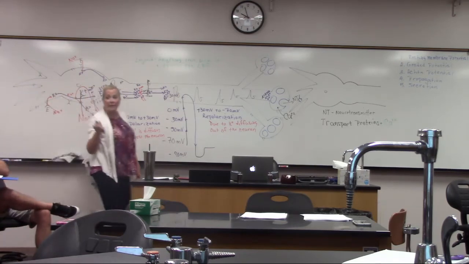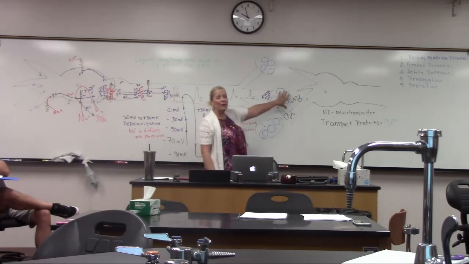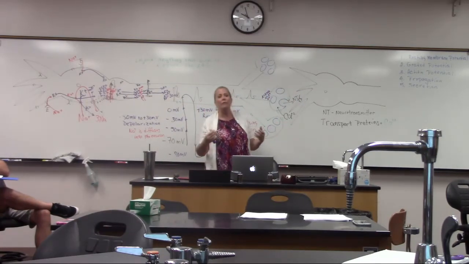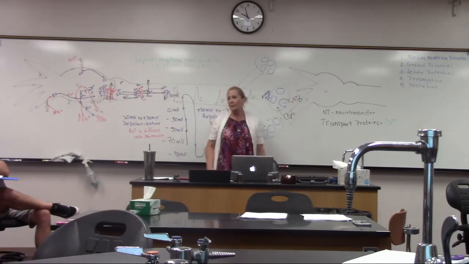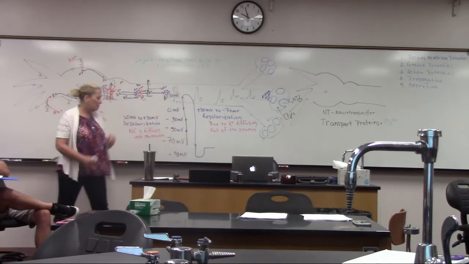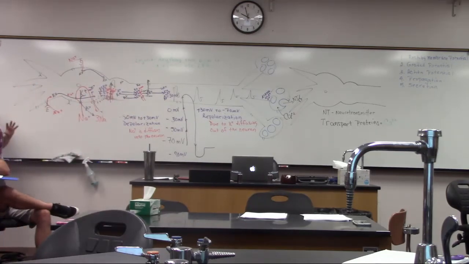So instead of enkephalin, like we had for our first neuron, whatever this neurotransmitter might be, there's a whole bunch of different types of neurotransmitters that we have. It will now be the ligand that stimulates the next neuron. Now, super important, remember we talked about intensity.